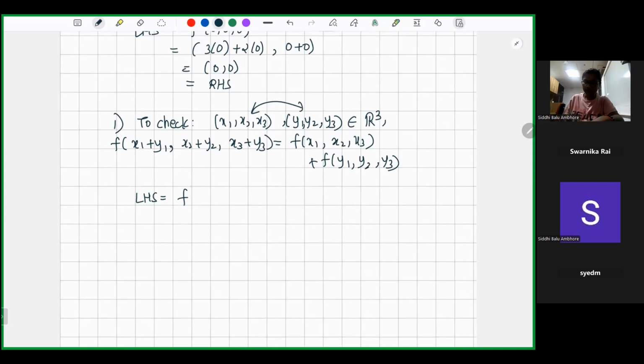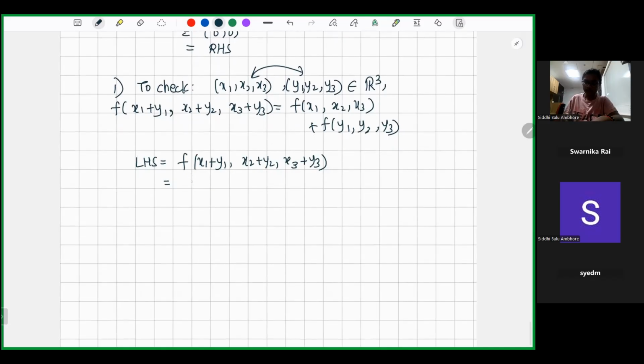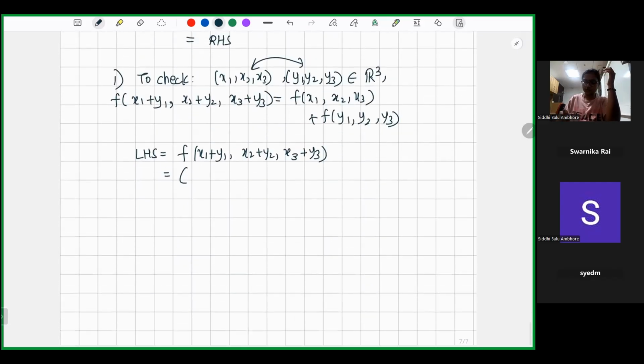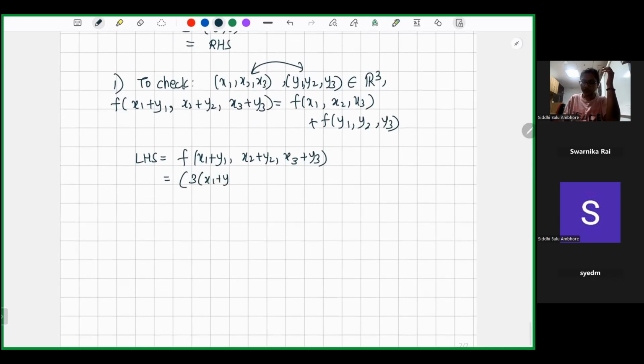So f of (x1 plus y1, x2 plus y2, x3 plus y3) is, from the definition, (3 times (x1 plus y1) plus 2 times (x2 plus y2), (x1 plus y1) plus (x3 plus y3)).